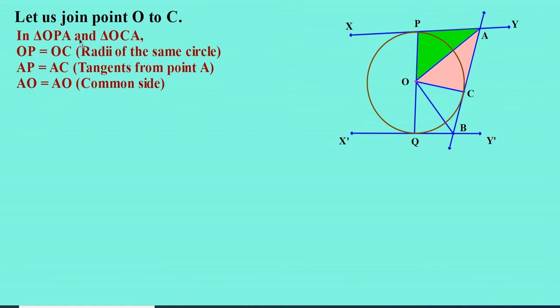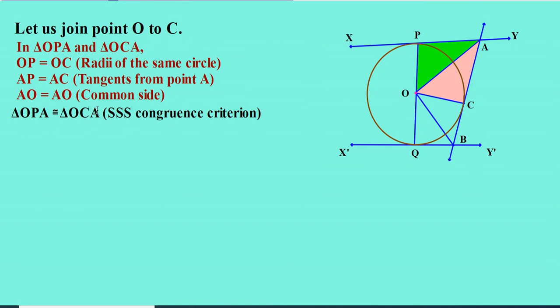So in triangle OPA and OCA, OP is equal to OC, radii of the same circle. AP is equal to AC, tangents from point A, and AO is equal to AO, common side. So three sides of one triangle are equal to three sides of the other triangle. With which congruence condition is it? It is SSS. So triangle OPA is congruent to triangle OCA by SSS congruence criterion.